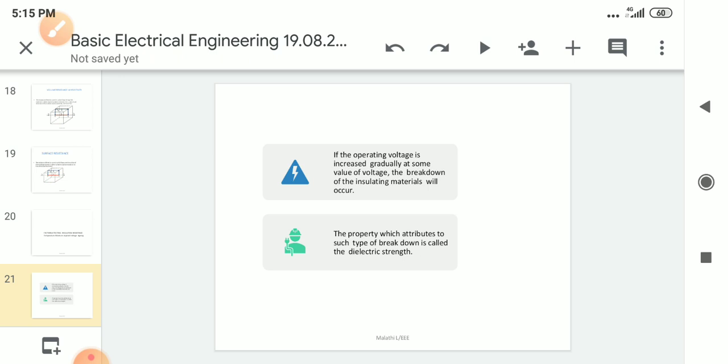Even if we select the proper insulating material for a particular voltage, if the voltage is increased or heavy voltages come in that circuit, then what happens? It has some limit. More than that, if we increase the voltage or temperature, then automatically the breakdown of the insulating material will occur. So we have to consider its voltage rating.